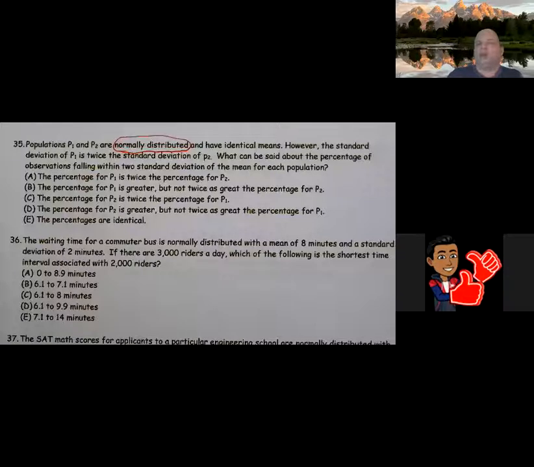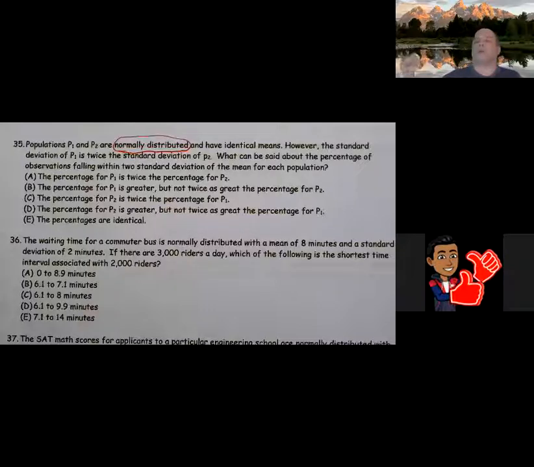What we can say is the percentages are identical. They both follow the empirical rule. Although the horizontal distance may be different, the z-scores are the same, and so for the same z-score you'll have exactly the same probability, as long as we're working with a normal distribution.